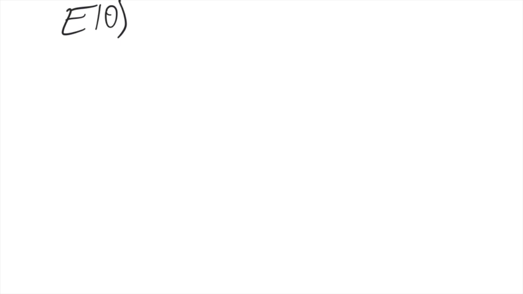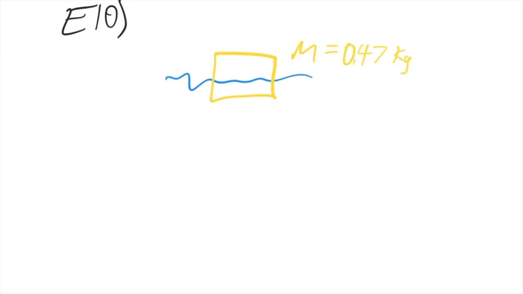Exercise 10. A 0.47 kilogram block of wood is floating in water. What is the magnitude of the buoyant force acting on the block? So we have water, we have the block, and we have the weight, the mass of the block. Mass equals 0.47 kilograms. And we know it's floating. It's not accelerating, so we have the downward force of gravity and an upward buoyant force.